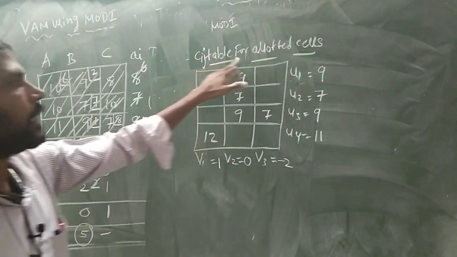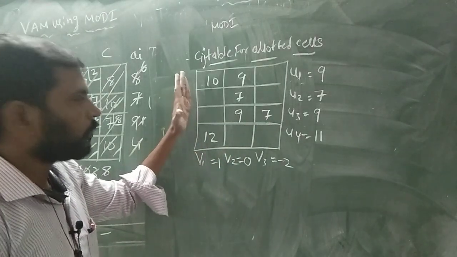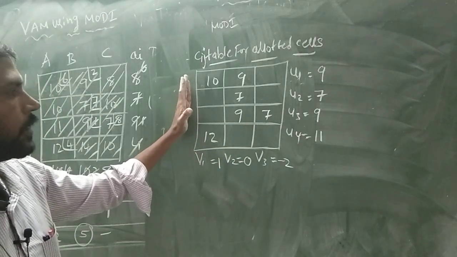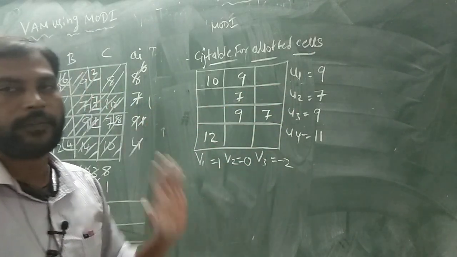So here is the Cij table for allotted cells. First we write down the allotted costs. After that I find out the U1, U2, U3, U4, V1, V2, V3 values.